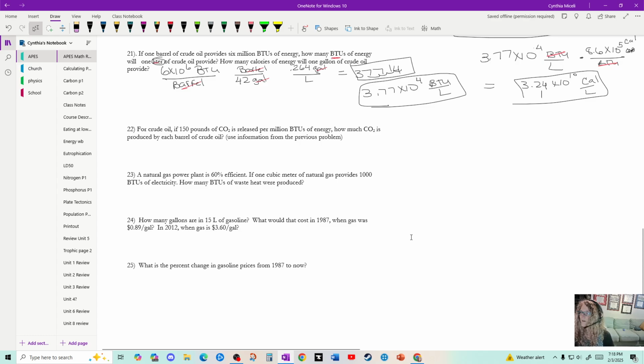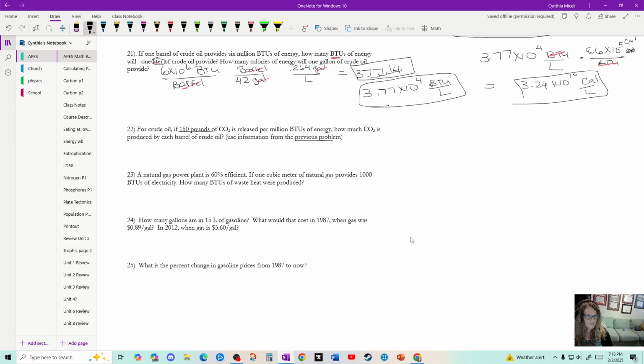You can push pause, but I can't, so here we go. 22. Okay, so we've got 150 pounds of CO2 released per million BTUs of energy. How much carbon dioxide is produced by each barrel of crude oil? And we are supposed to use information from this problem up here. Okay, so let's start with what we know.